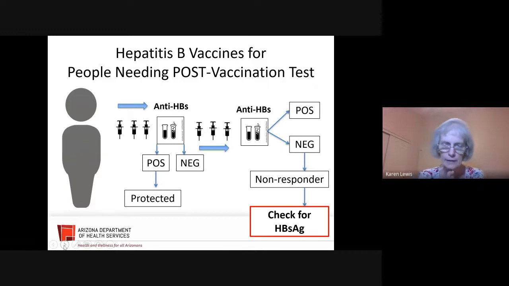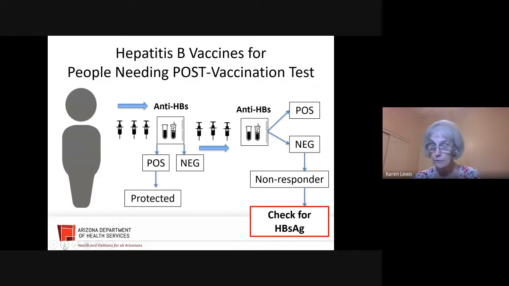You can do 1 and test, you can do 3 and test, but you are looking to make sure they seroconvert. So, a month after the final dose, check the antibody levels. If they're positive, they're protected. If they're negative, they're felt to be a non-responder. But before completely labeling them as a non-responder, check for hepatitis B surface antigen.